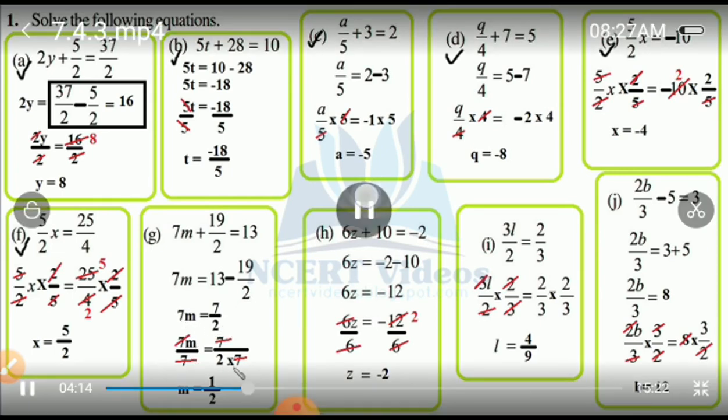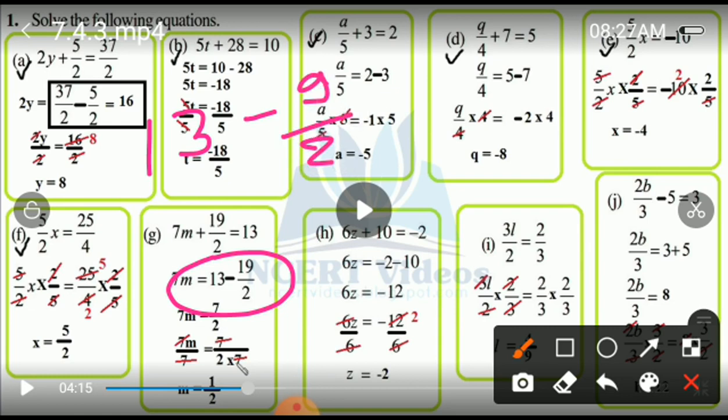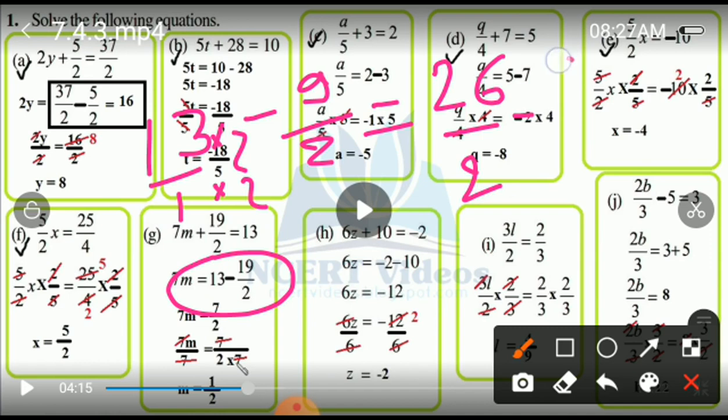If you cannot understand this question, students, let's check it. 13 minus 19/2, isn't it? This is our simplification. First of all, 13 2s are 26, because here 1 is there. That's why I have to multiply both by 2. Now 13 2s are 26 and 19/2.